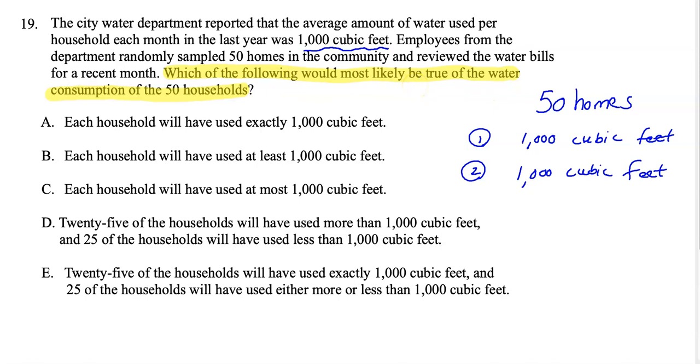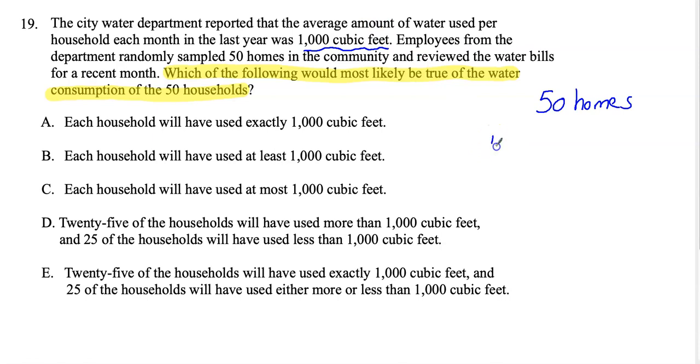So in other words, when they go out and sample these homes, the first home might use maybe 989 cubic feet. And the second home might use 1,002 cubic feet of water.